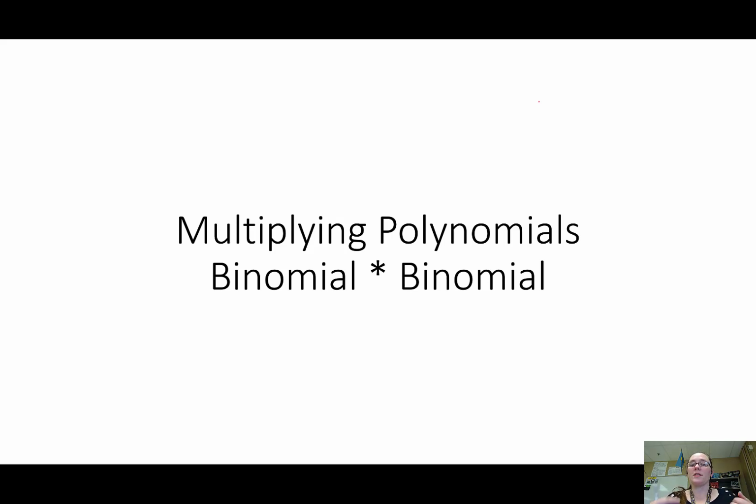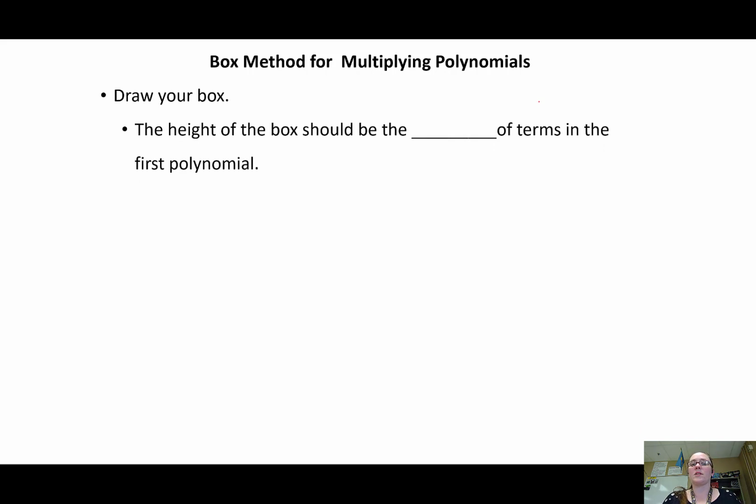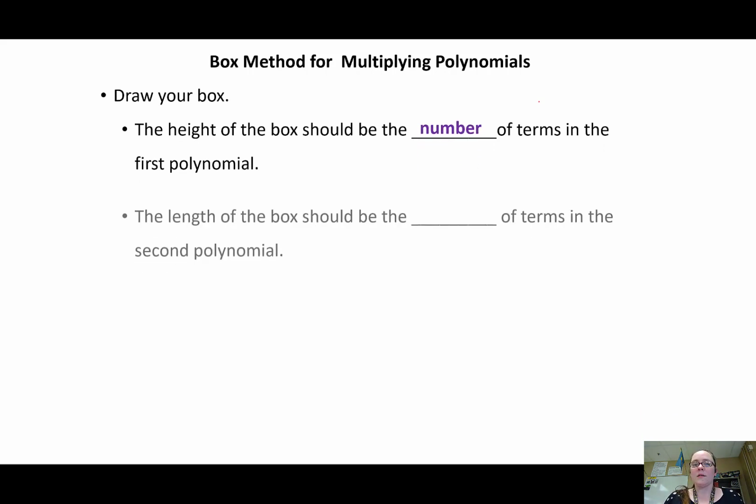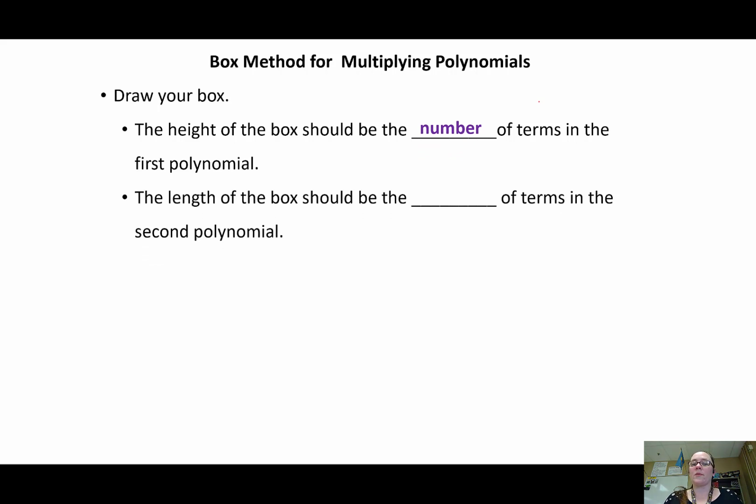All right, in this video, we're going to continue multiplying polynomials, and we're going to focus today on binomial times binomial. Now, we have two separate methods to doing this. We have the box method, which all it is we set up a box. The height of my box is going to be the number of terms I have in the first polynomial, and then the length is going to be the number of terms that I have in the second polynomial.